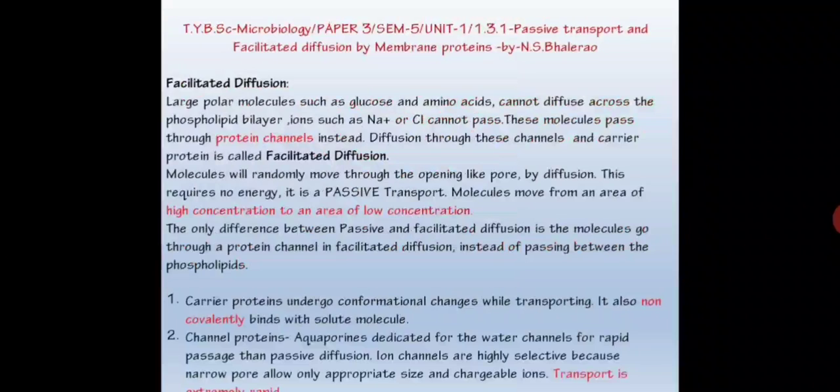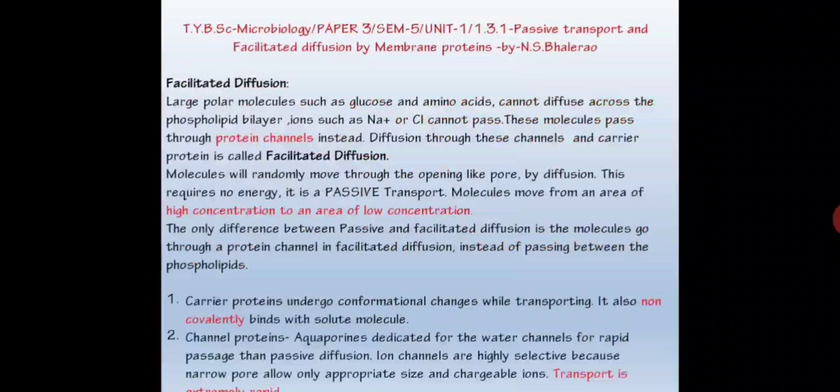Now we can see facilitated diffusion. Here large polar molecules such as glucose and amino acids cannot diffuse across the phospholipid bilayer because their sizes are very large, and second, they are not dissolved in lipids, so they cannot directly diffuse through the plasma membrane, which is made up of phospholipids and proteins.